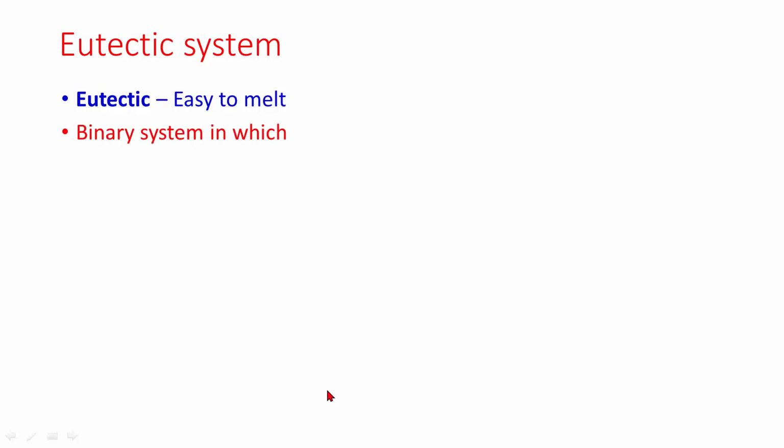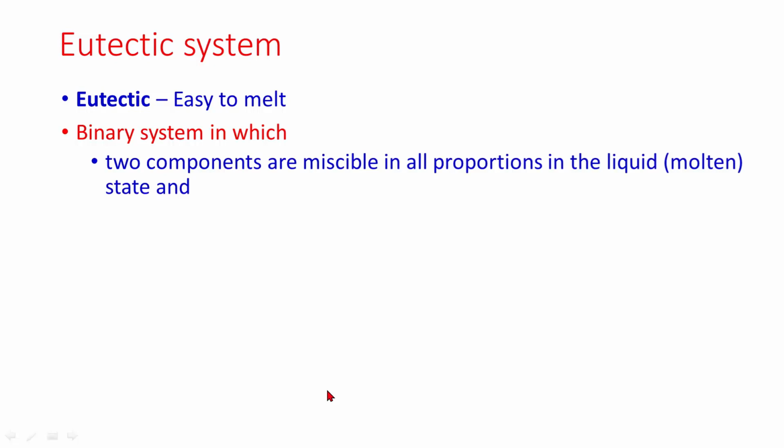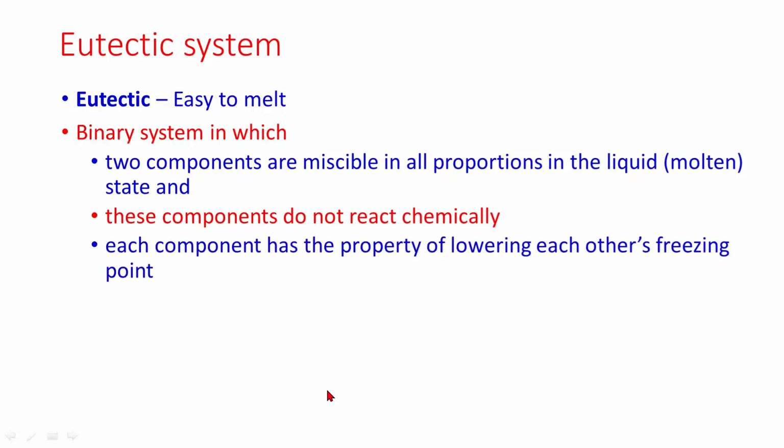It is a binary system in which two components are miscible in all proportions in the liquid, that is the molten state, and these components do not react chemically. Each component has the property of lowering each other's freezing point.